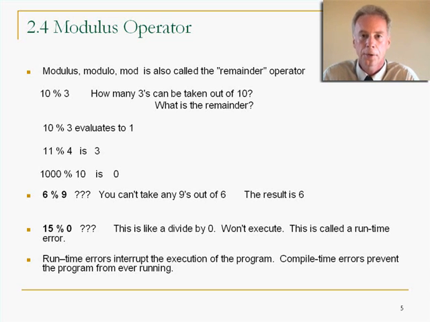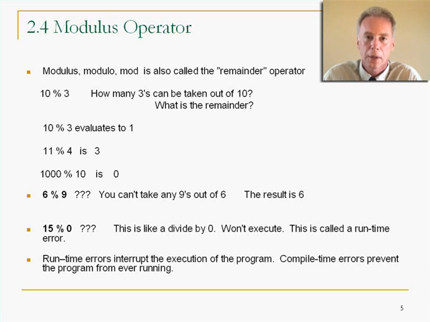And there are two special cases that might trip you up. So let's look at both of them with the modulus operator. 6 modulus 9. You can't take any 9's out of 6, so the result is 6. When the operand on the left of the operator is smaller than the operand on the right, then you have what you started with, which is the operand on the left. The second special case is when you have a modulus 0.